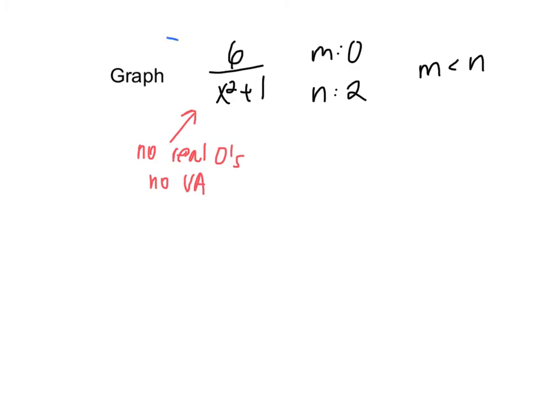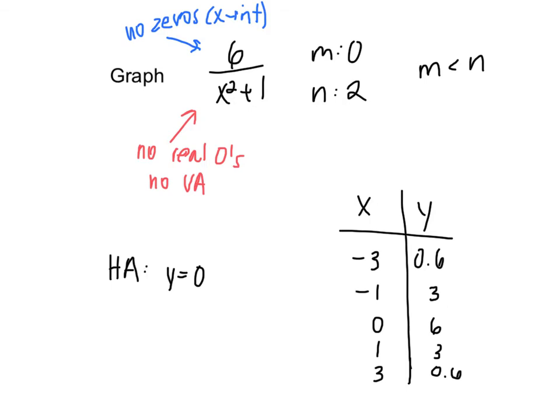Our numerator, on the other hand, also has no zeros. Therefore, we have no x-intercept. Finally, because our m is less than n, our horizontal asymptote is y equals 0. So we can plot our points based on where our asymptotes are.